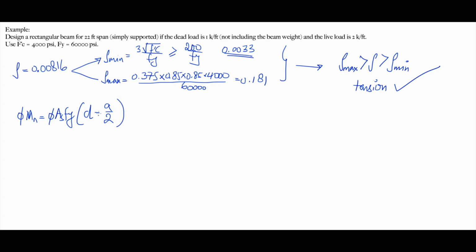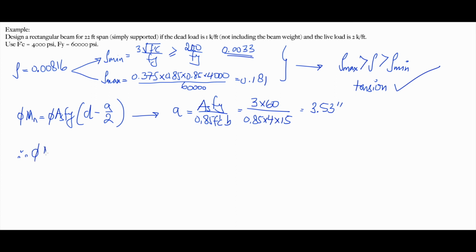I have everything except a, so let's compute a. a is As fy divided by 0.85 fc prime multiplied by b, which is equal to 3 times 60 divided by 0.85 times 4 times 15, and this will give me 3.53 inch.